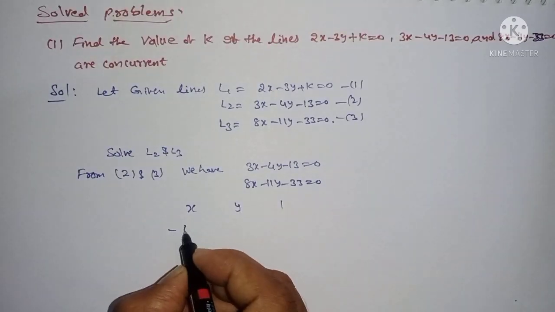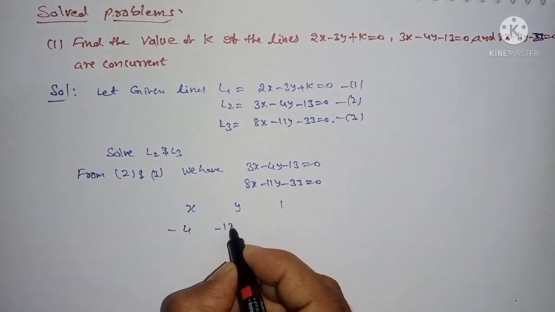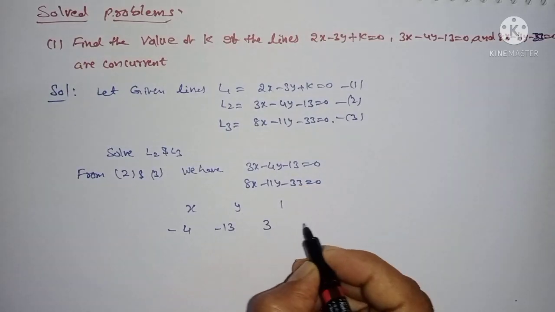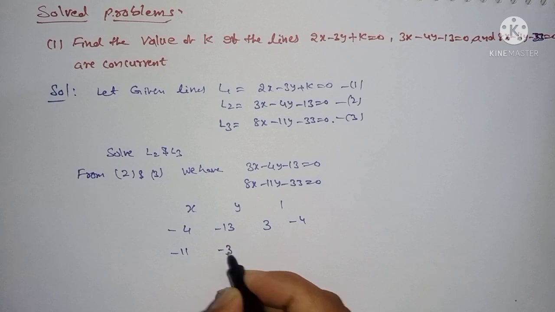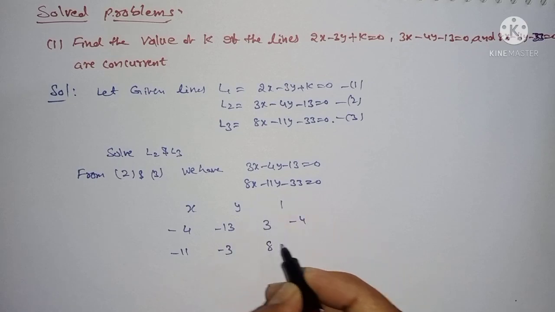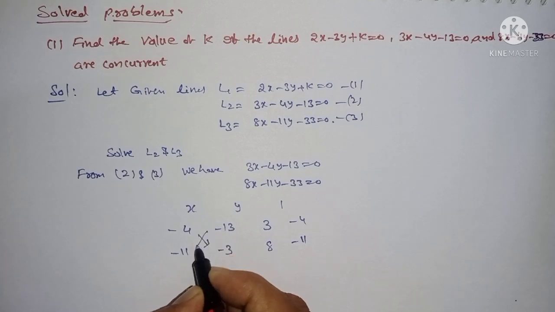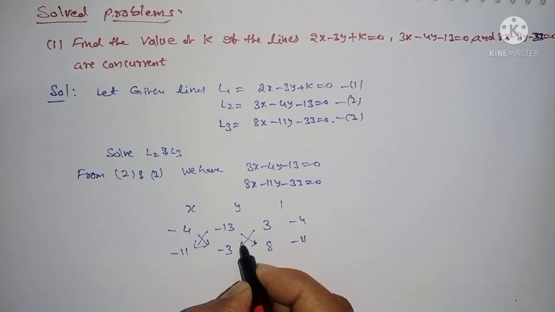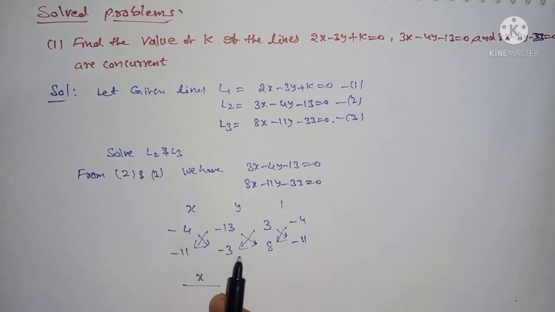Take the coefficients of y: minus 4, minus 13, 3, minus 4; again repeat. Here also minus 11, minus 33, 8, minus 11, repeating these two terms. Therefore x by, how much is it, minus 4 into minus 33.